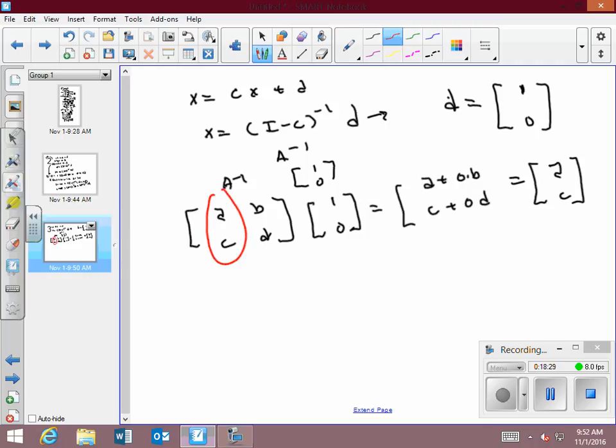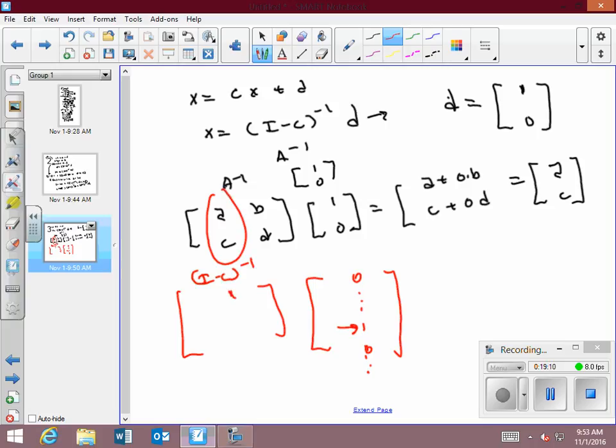So if you have an n by n matrix, and you increase any one of those by 1, so if you had 0 and then a 1 here, and zeros on down, then whatever row this is in, it would pick the column out of the I minus C inverse.